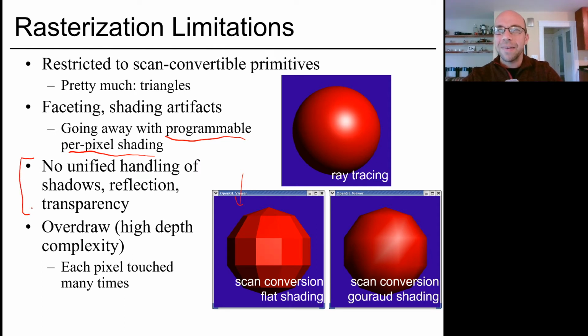However, a more important concern, and one that you guys will all feel the pain of when you do your last assignment in 6.837, is that for every rendering effect you need to write all kinds of different specialized code. There's no unified handling of shadows, reflection, transparency. What are some other cool effects? Like, what's this video game Portal, where you look in one area and the rays come out another.